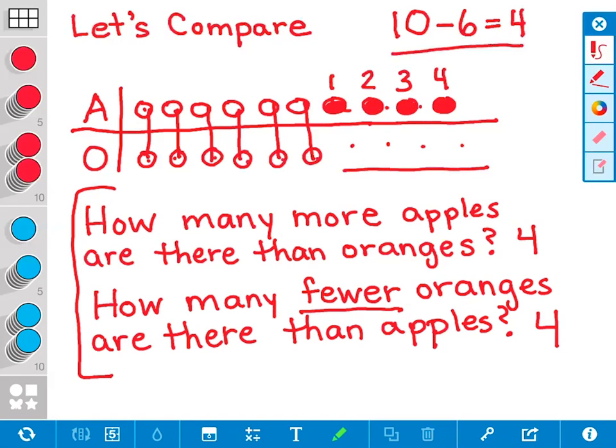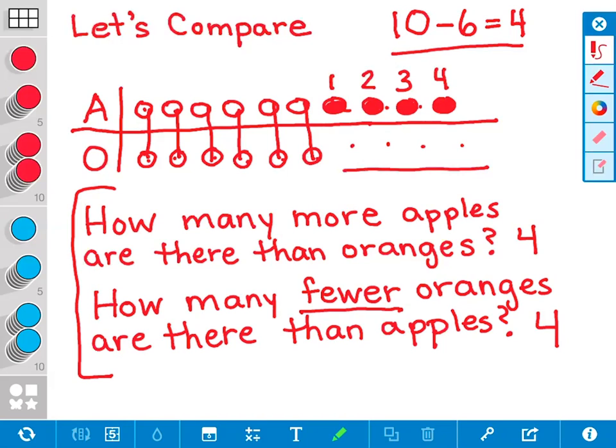So this is the way you solve your problems when you want to compare two things. So listen carefully to your problems when you're reading your story problems or listening to story problems. We've done problems where all you had to do was add because you were putting things together.